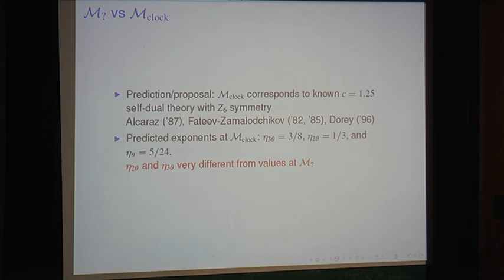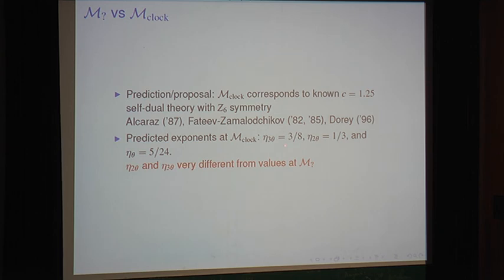Now, there is an old prediction in the context of 6-state clock models that this kind of multicritical point on the blackboard here corresponds to a particular self-dual conformal field theory with Z6 symmetry, supposed to have a central charge of 1.25, and there are some predictions for the exponents.